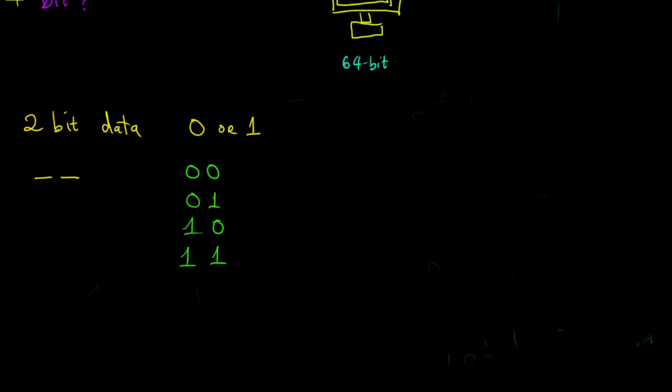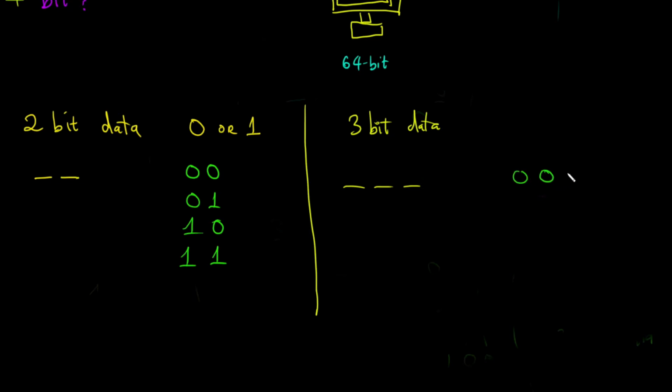Similarly, you can have 3-bit data, which means the data has to be made up of 3 slots, 1, 2, 3, and those 3 slots have to be filled by either 0 or 1. How many possible 3-bit data can you generate?